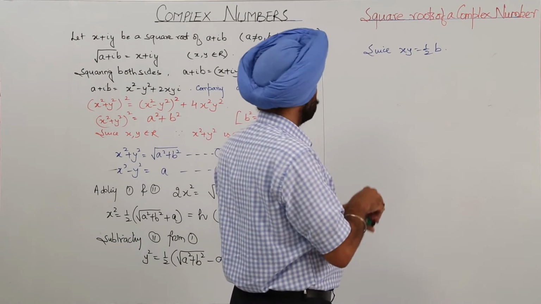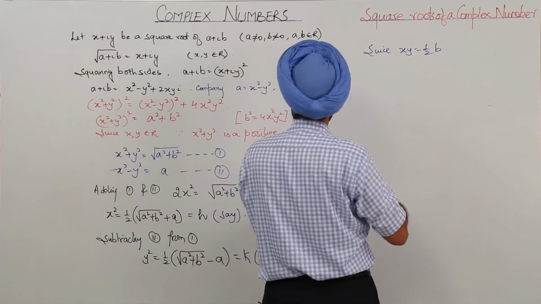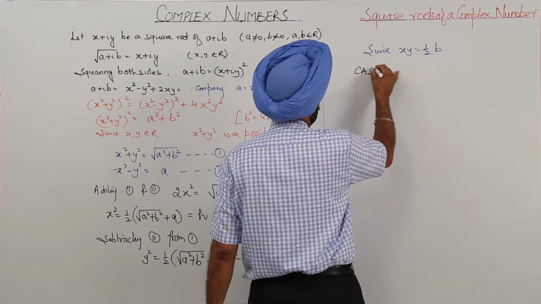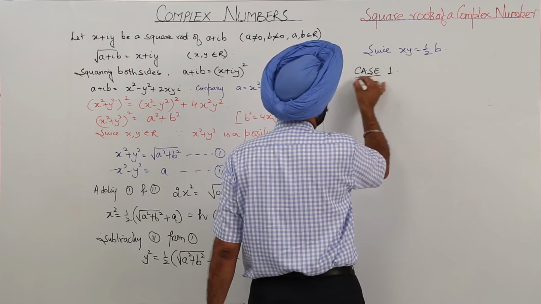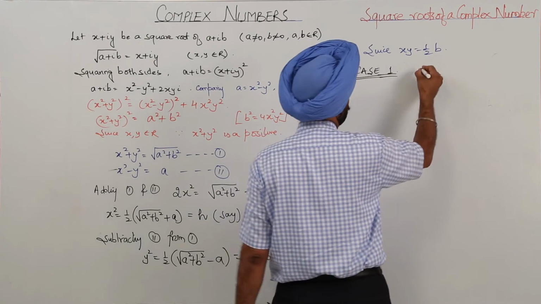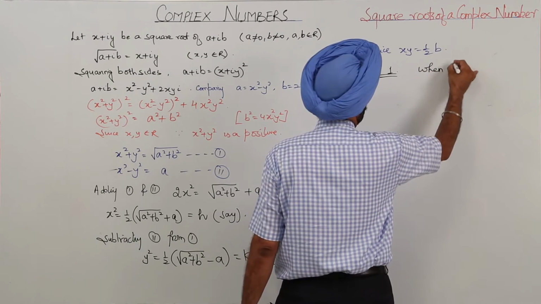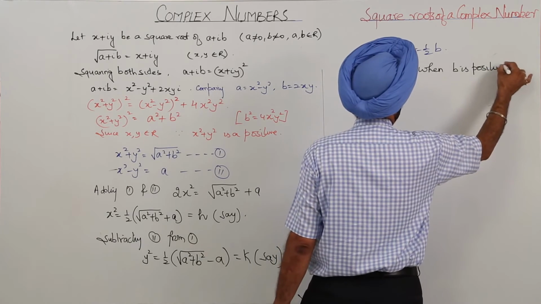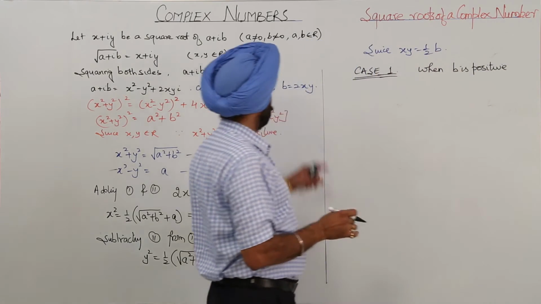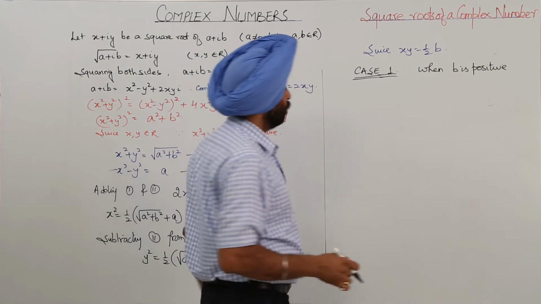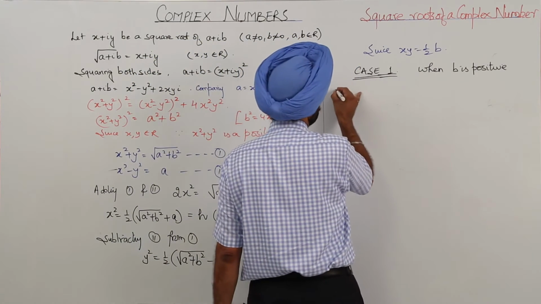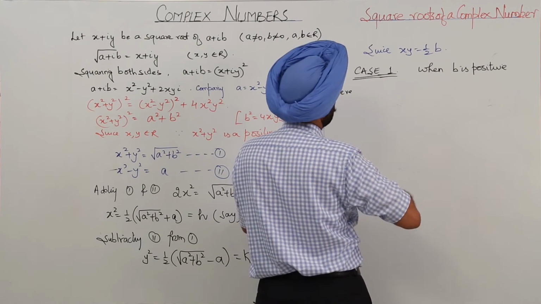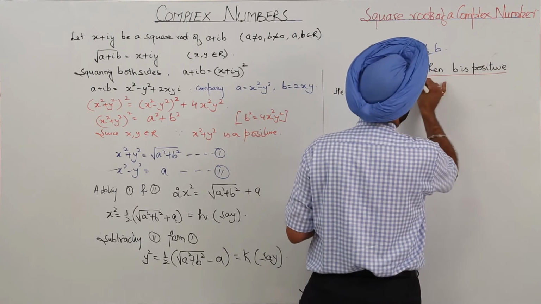Now, case 1. When b is positive, which b? This part, this one, 2xy. Okay. When b is positive, this is case 1.